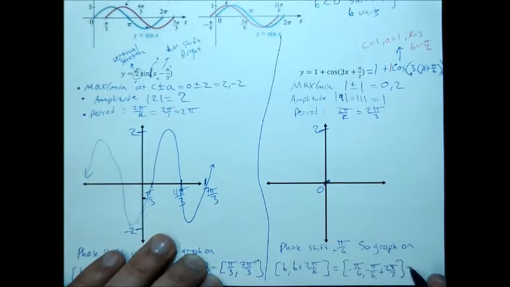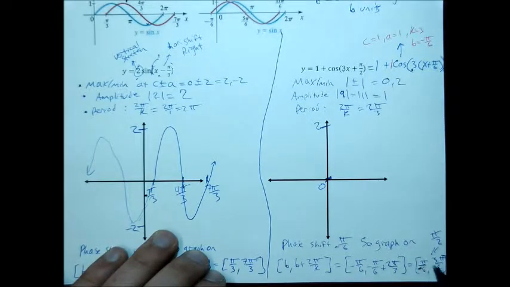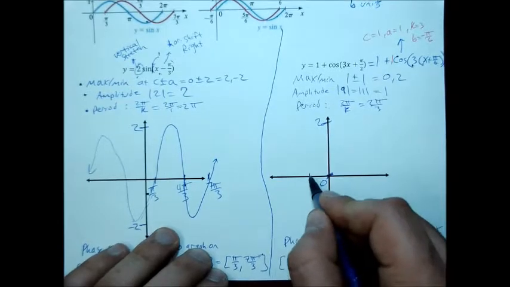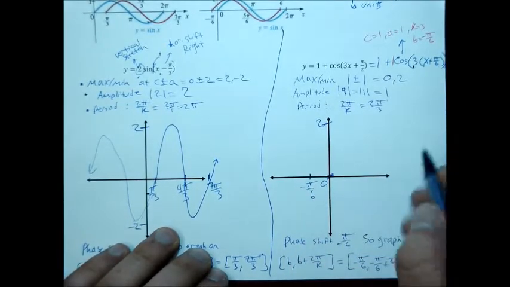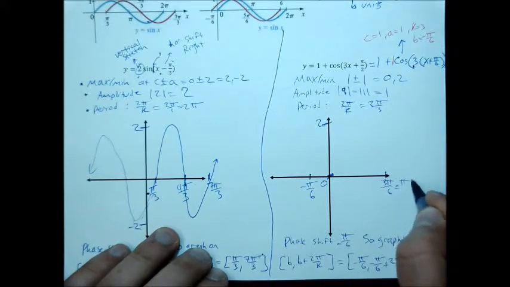When we add those two numbers together, we get minus pi over 6 to 3 pi over 6, and 3 pi over 6 is pi over 2. And so we're going to graph from minus pi over 6 to pi over 2.